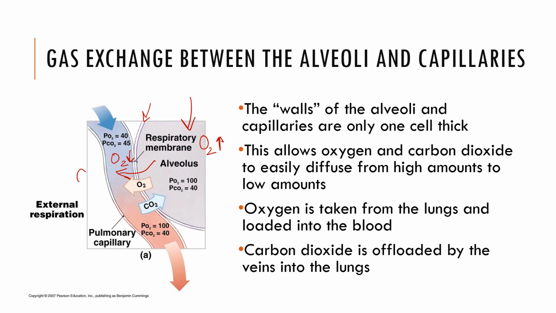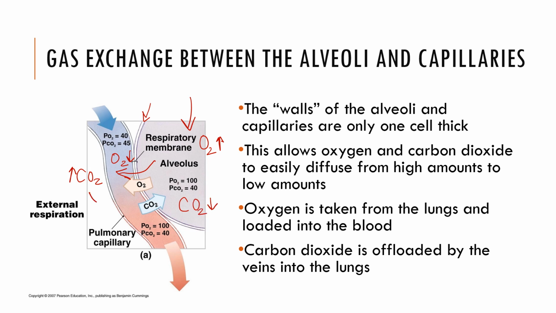Now, the opposite is also true. This blood also contains very high levels of CO2. It's a waste product from our cells. So our cells make all this CO2, give it to the blood and say, take this away, I don't want it, man. But once we've breathed in, we have very low levels of CO2 in our alveoli.